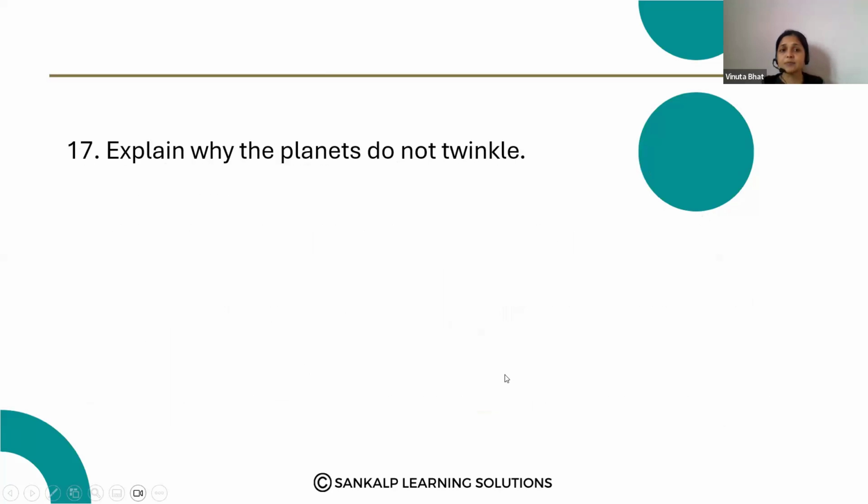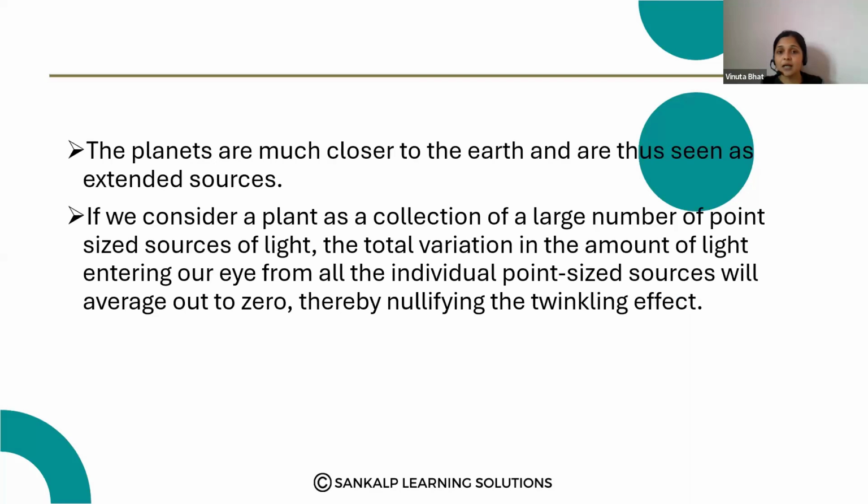Next question. Explain why the planets do not twinkle. You know the different planets like Mars and Venus. You have seen all these planets, but they do not twinkle as stars do. The planets are much closer to the Earth and thus seen as extended sources.